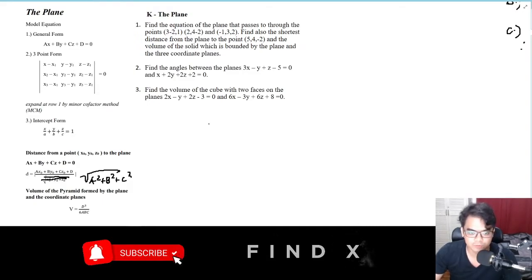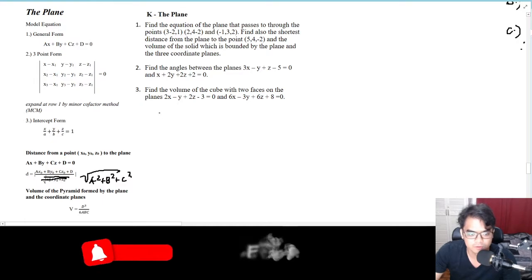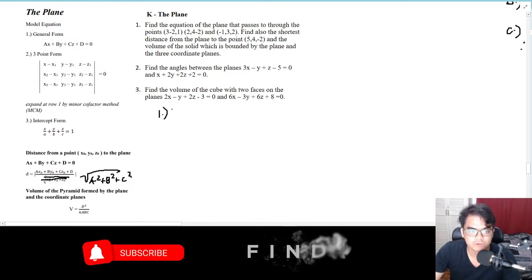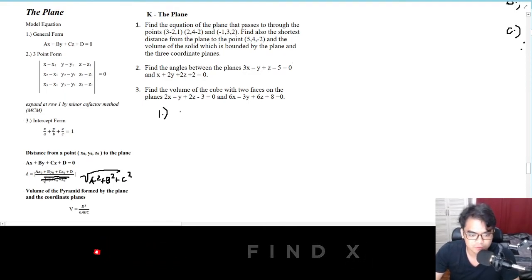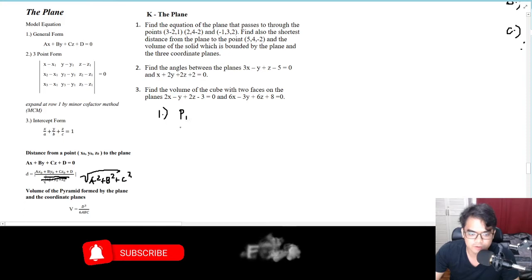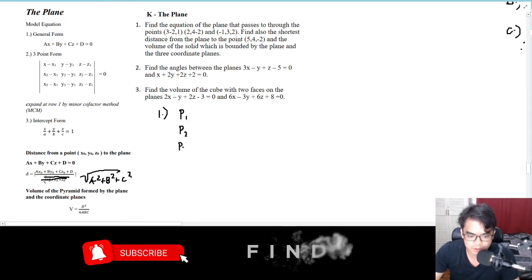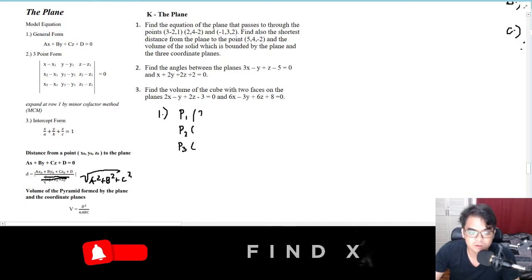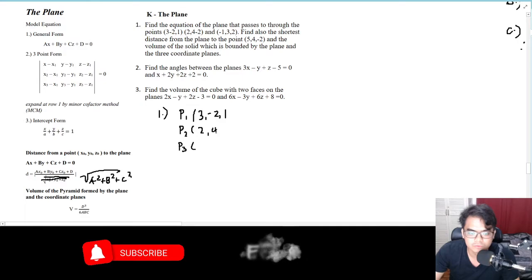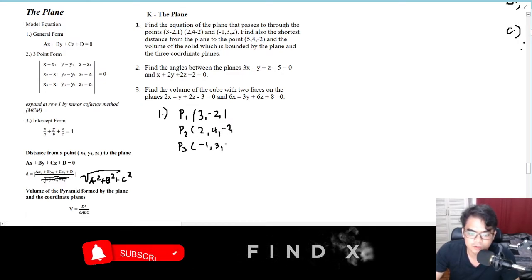Let's try to answer number 1. So for number 1, find the equation of the plane that passes through the points. We have 3 points, right? P1, P2, and P3, which are (3, -2, 1), (2, 4, -2), and (-1, 3, 2).